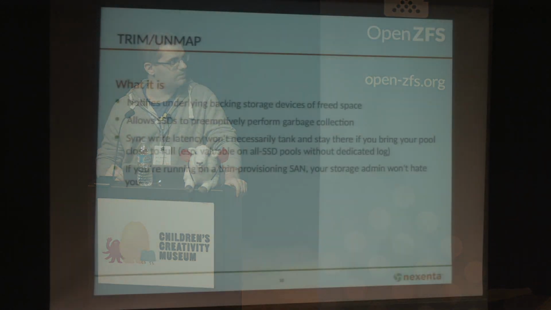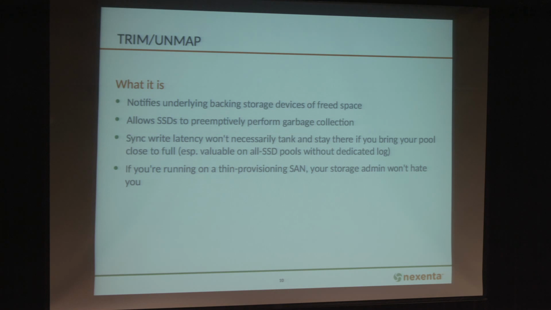And the problem is it wouldn't even go away until you reduce the amount of space used, because the NAND flash device would still think that you're using that fairly high allocation. Before TRIM/UNMAP support in ZFS, you would have to basically take the device out, do a secure erase, and stick it back in. So with this, we are able to sort of shrink our allocation on the device as you're deleting data in your regular course of action.